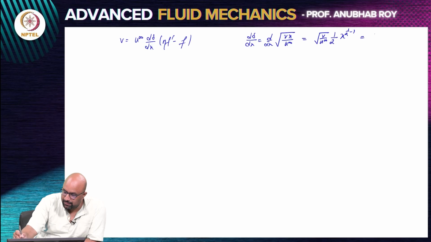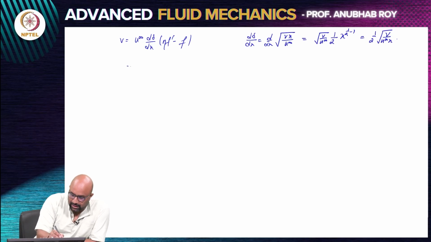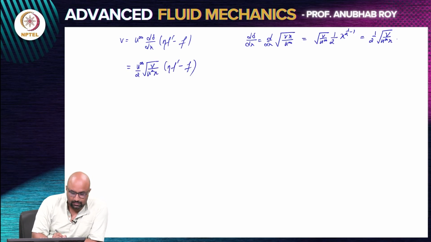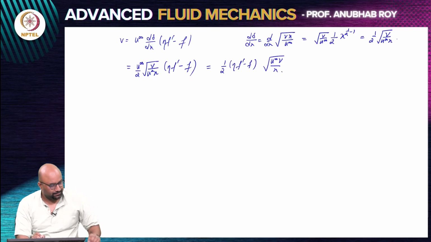So I have half nu u infinity x. If I plug it here, I have u infinity by 2 square root of nu u infinity x, times (eta f prime minus f). So this turns out to be 1 by 2 (eta f prime minus f) times square root of u infinity nu by x.